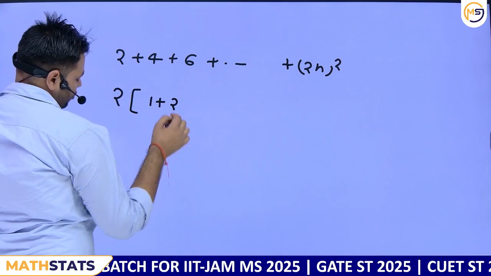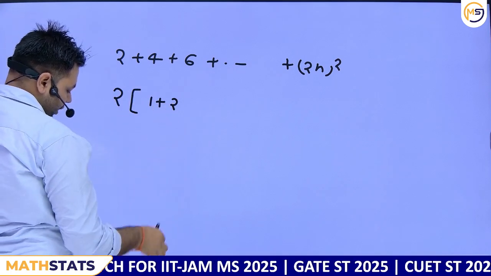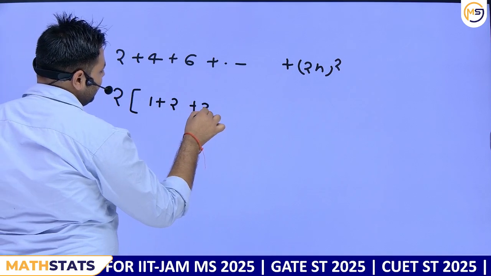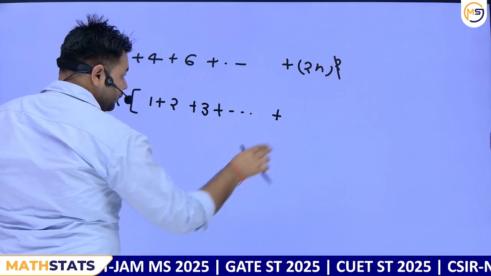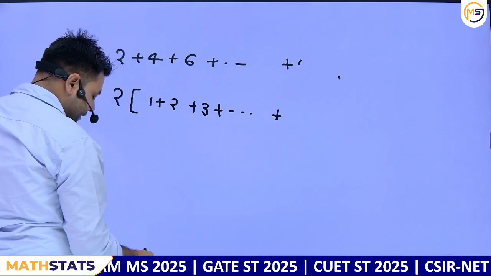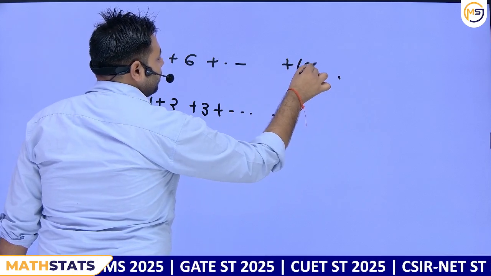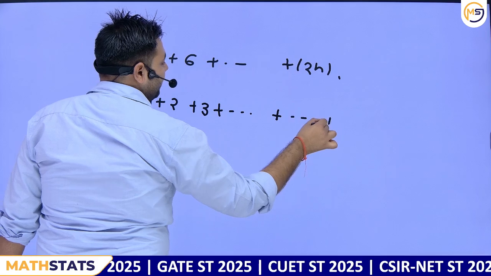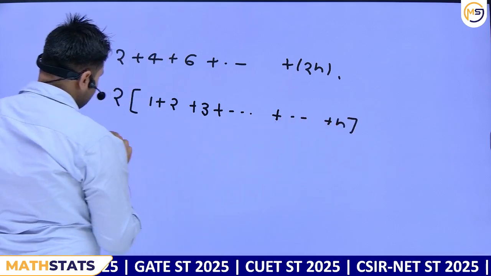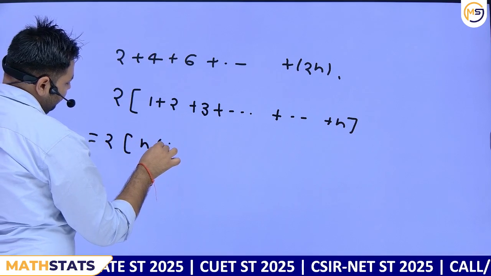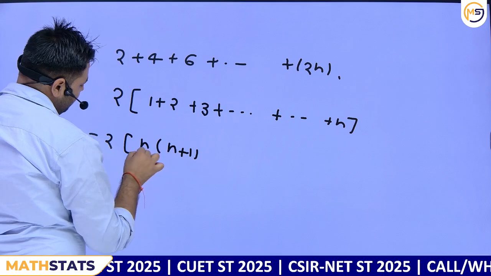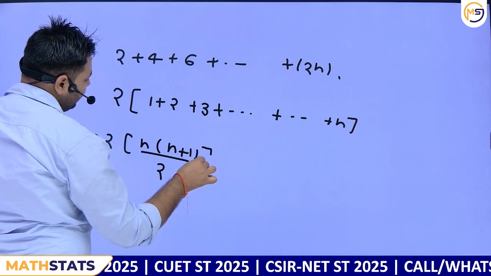So you can convert in odd number, you take 2 common, so this is 1 + 2 + 3, so you can convert in this series, 2n. So this is multiplied by 2 and n plus 1 by 2, right?